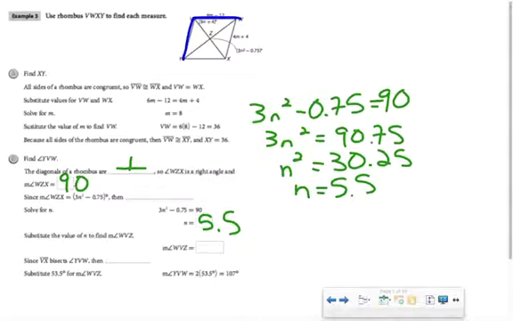When I substitute the value of n in to find the measure of angle WVZ, here, I have 9 times 5.5 plus 4. So that's 53.5.